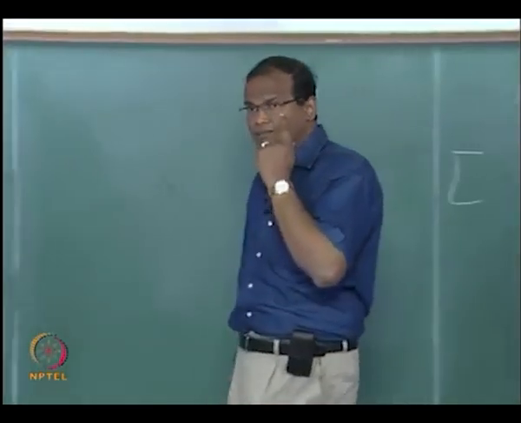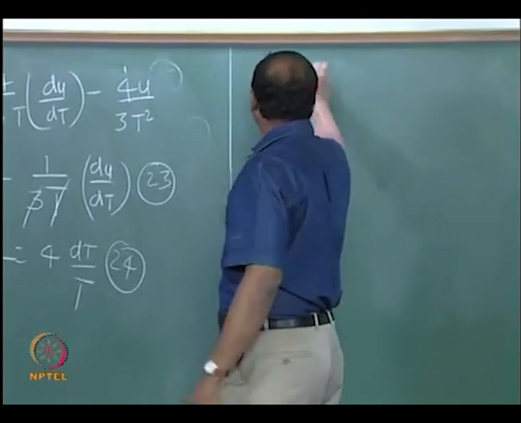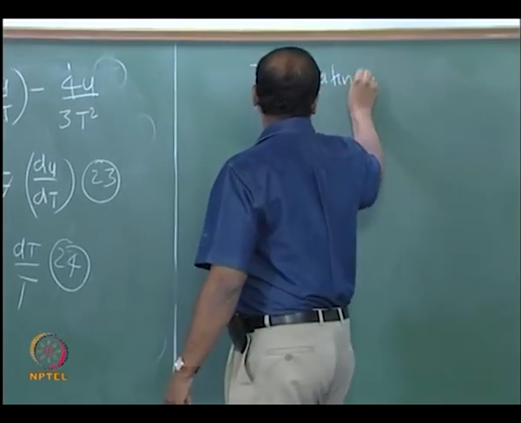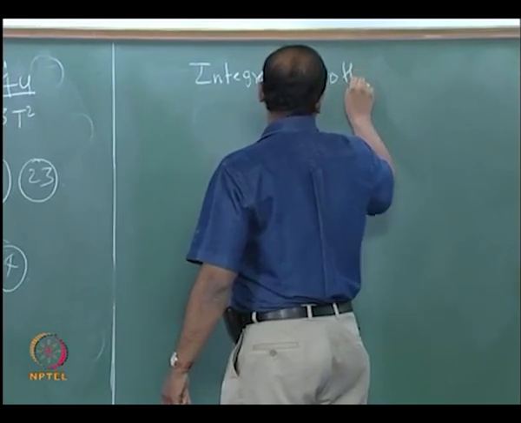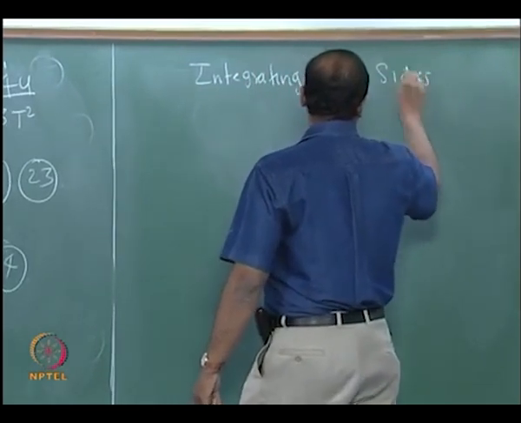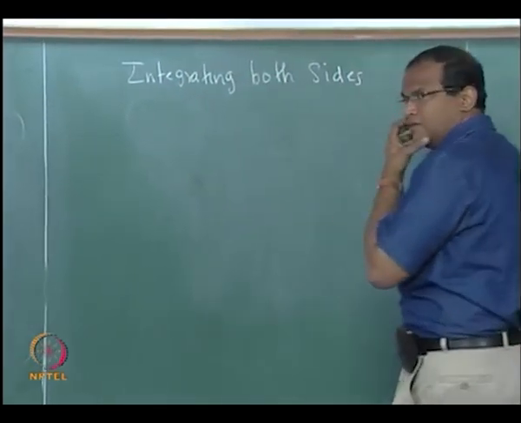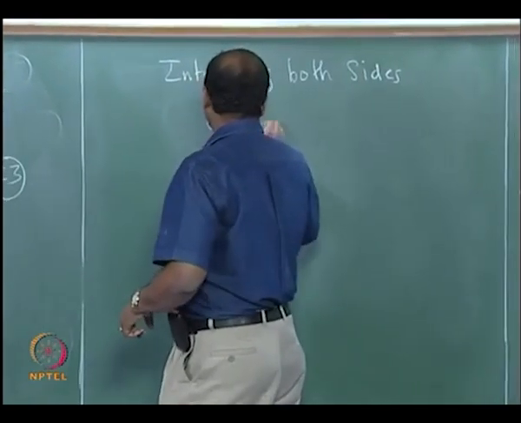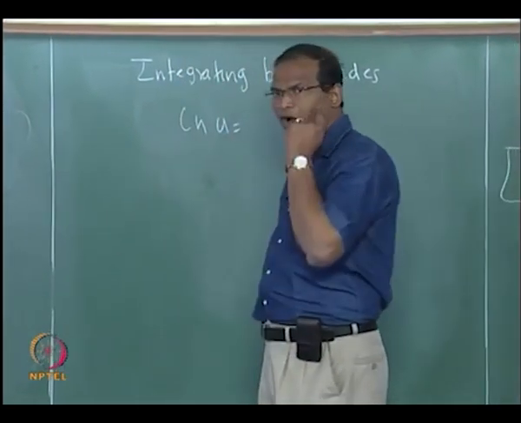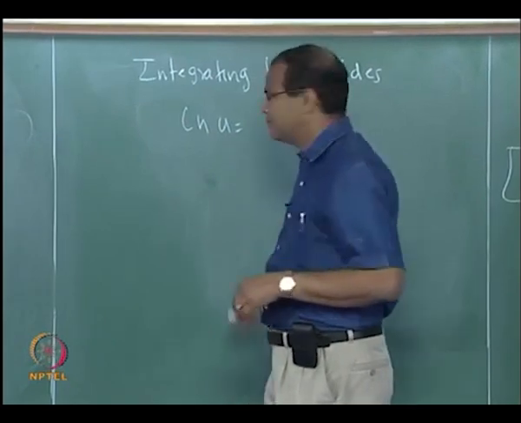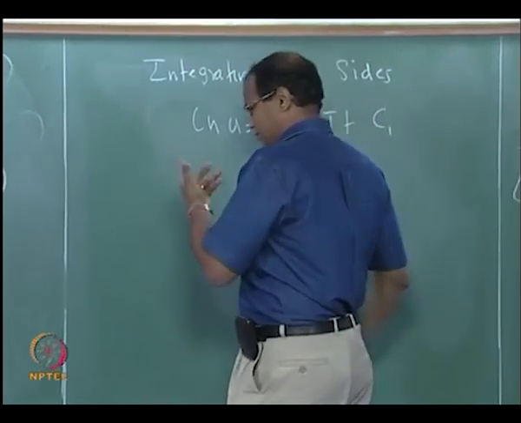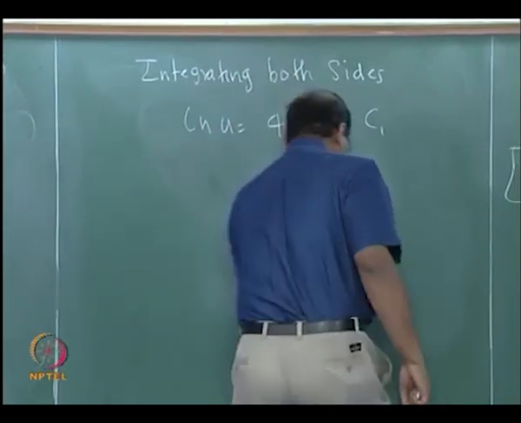Yeah, you can integrate both sides. ln u equal to 4 ln T, correct, plus some C1 or A1, whatever.